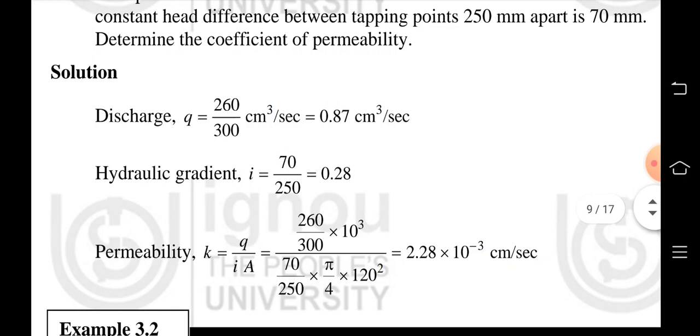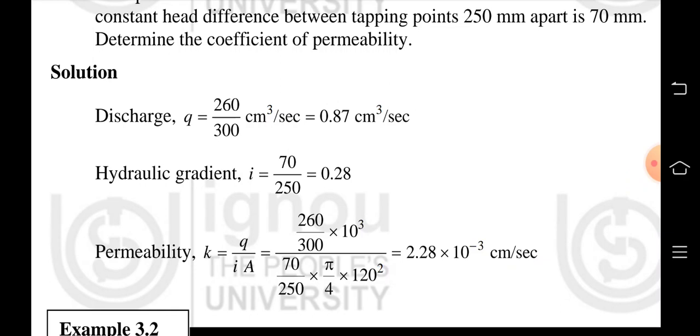So K equal to, what is the formula? K equal to QL upon AHT, or K equal to Q upon iA.